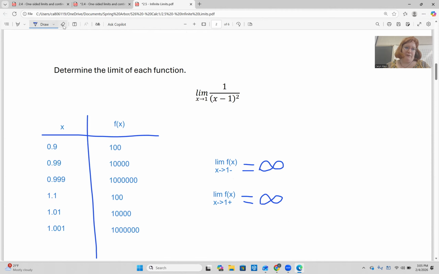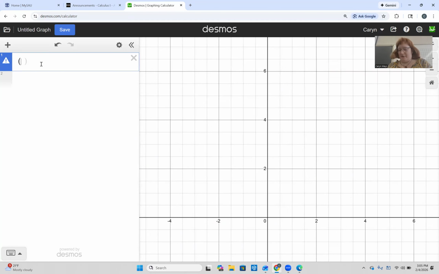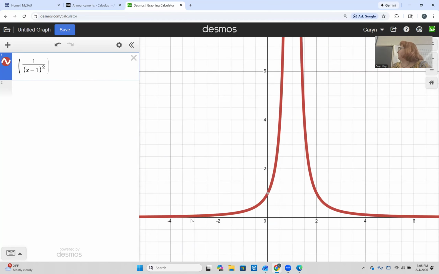So the limit of f of x as x goes to 1 is infinity, a very precise way of saying it doesn't exist. Looking at the graph, both sides funnel up towards infinity. We don't have two different directions this time.